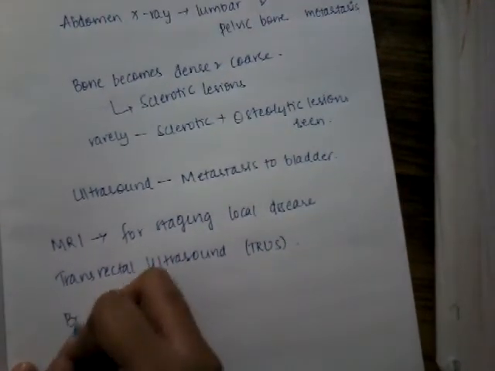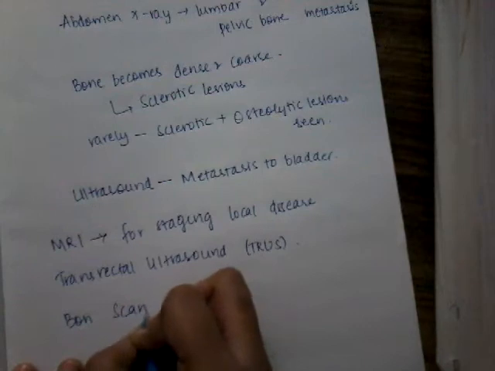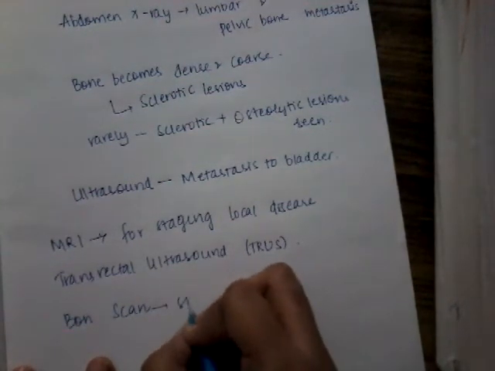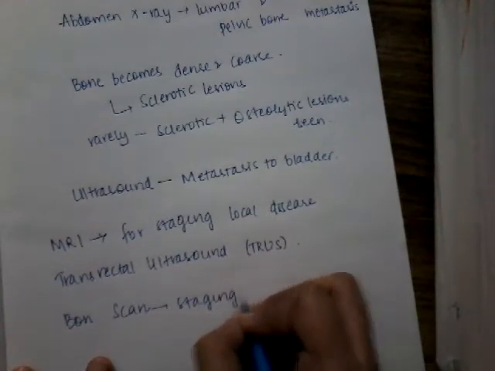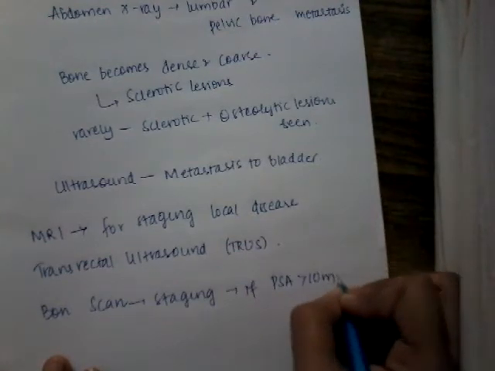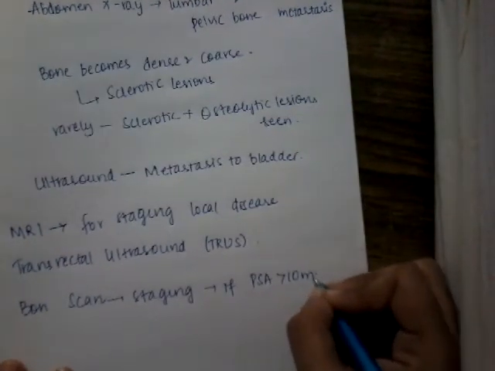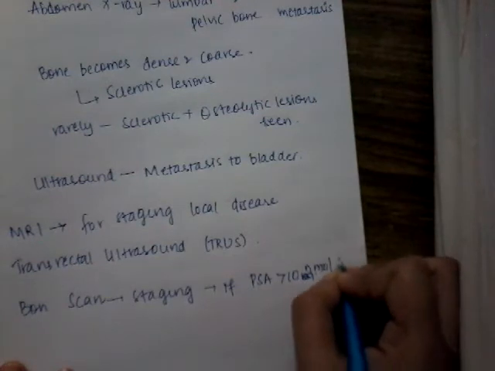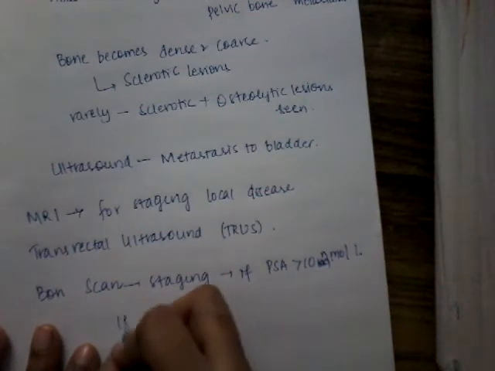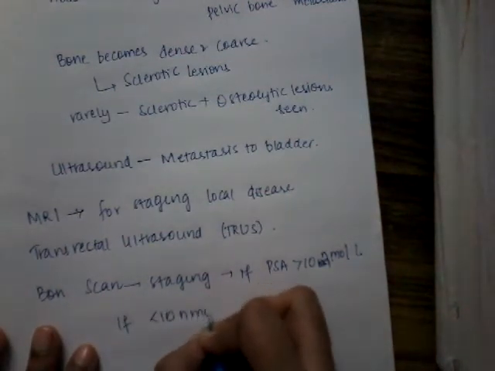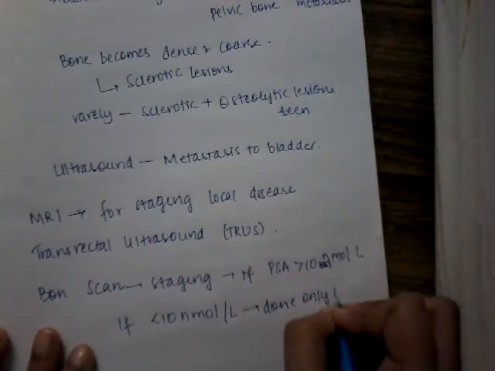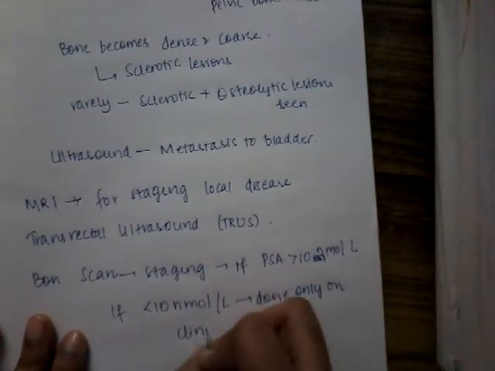Next, bone scan. For staging, it is done if prostate specific antigen is more than 10 nanomoles per liter. But if less than 10 nanomoles per liter, it is done only on clinical indications.